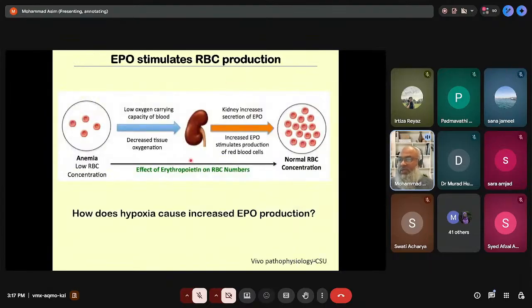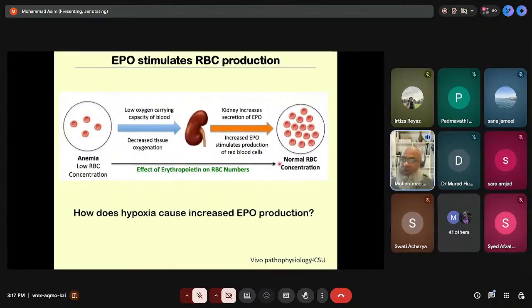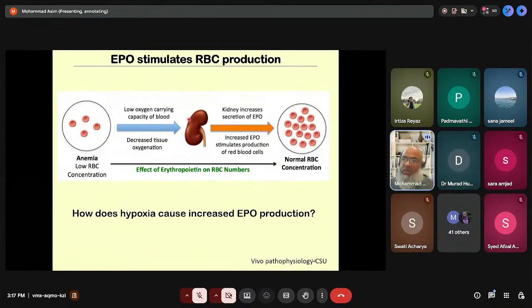The kidneys, when they start to make and secrete erythropoietin, you can have more RBCs. But in order for kidneys to do that, they need to experience low oxygen.